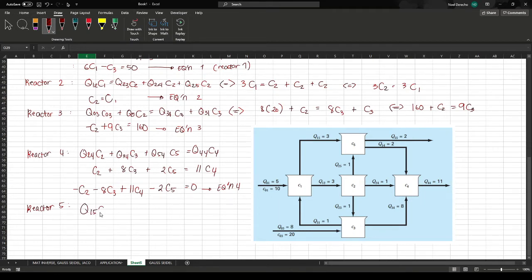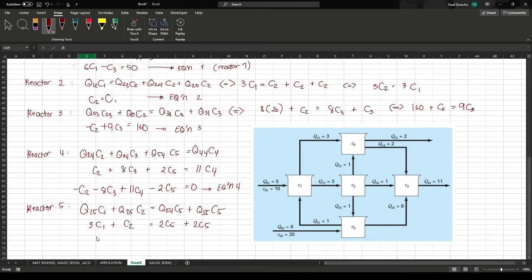Q15 C1 plus Q25 C2 is equals to Q54 C5 plus Q55 C5. Q15 is 3 C1, Q25 is 1 C2, Q54 is 2 C5 plus Q55 of 2 C5.